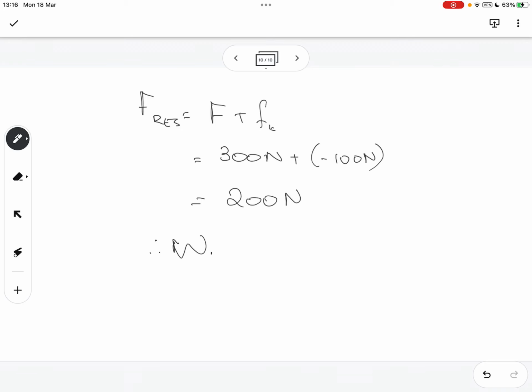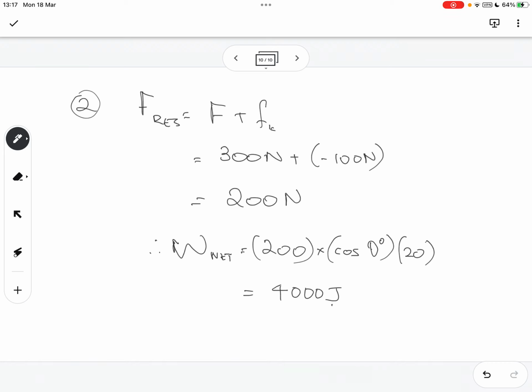Then the net work will be 200 times cos of 0 degrees, because we know that the dominant force is in the direction of 0 degrees, and then the displacement is 20 meters, and that should be 4,000 joules. This is approach 2. And then we can go for a short break and then come back for math.